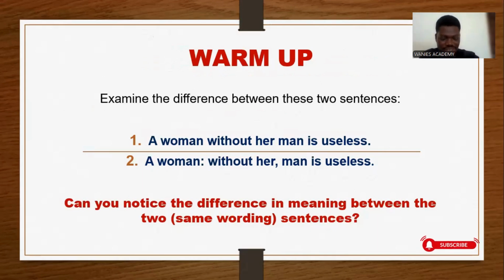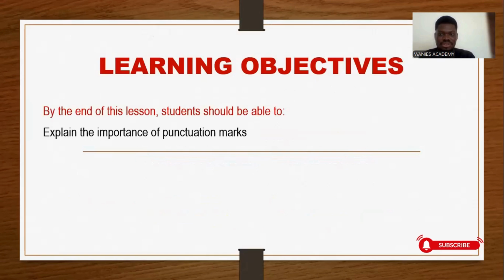Without the punctuation marks, these sentences might not be able to achieve their full meaning. The meaning in sentence 2 was achieved because of the creative use of the punctuation marks. The punctuation marks help to achieve the meaning that is embedded in the second sentence.